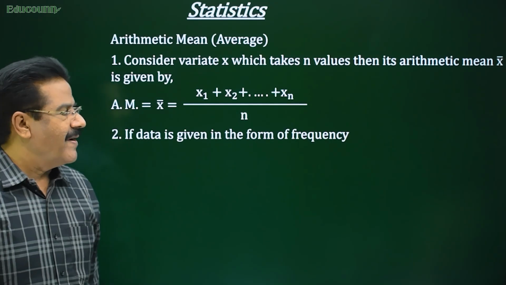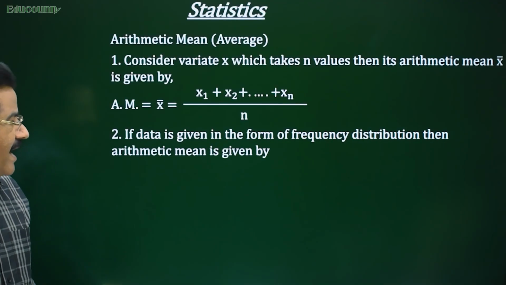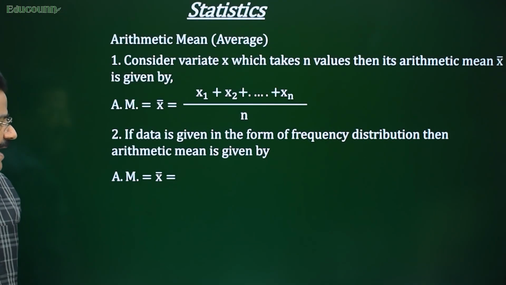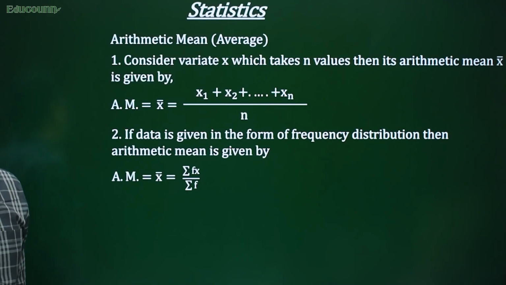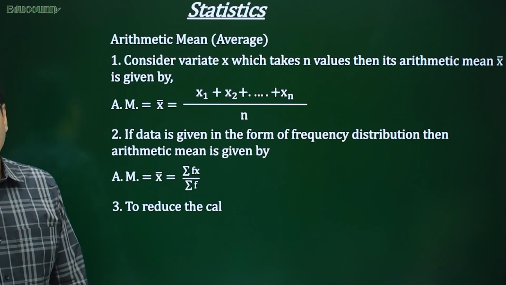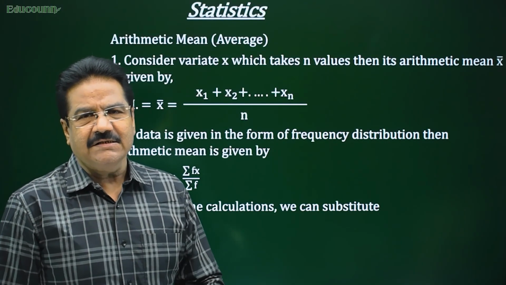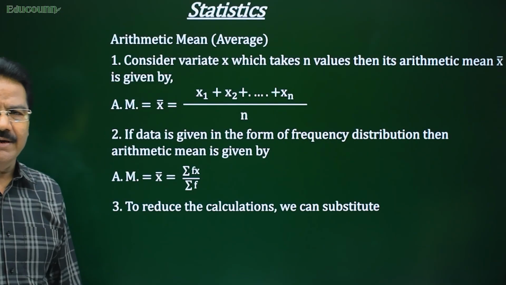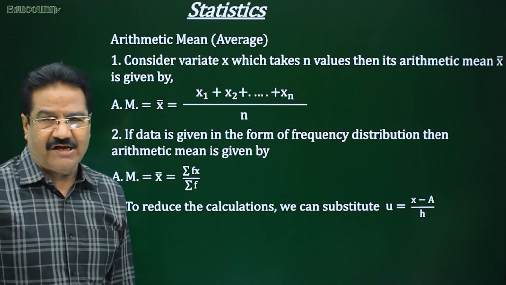If data is given in the form of frequency distribution, then its arithmetic mean is given by x bar is equal to summation of fx upon summation of f. Now to reduce down the calculation, we can use the concept of shift of origin, and we have to do the substitution, that is u is equal to x minus a upon h.